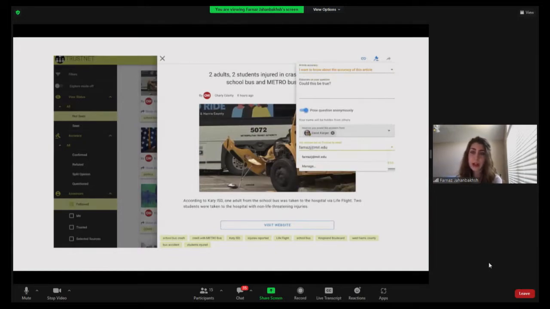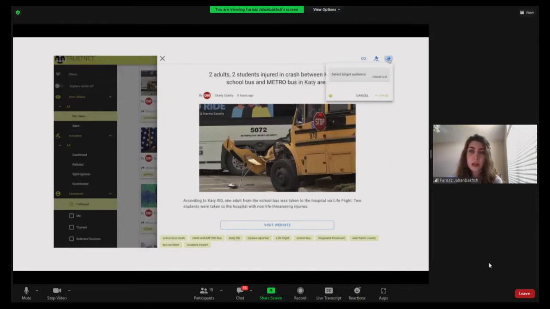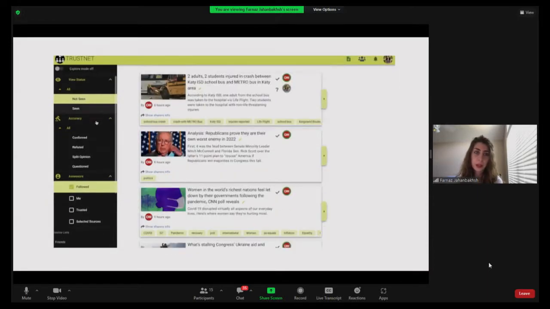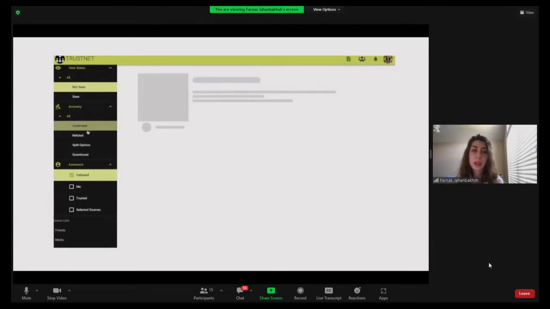This is for specifying people by email who are not on TrustNet. You can limit sharing to specific people. And this is how to interact with the filter.